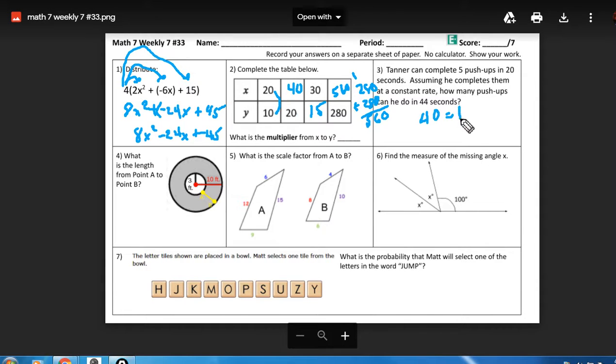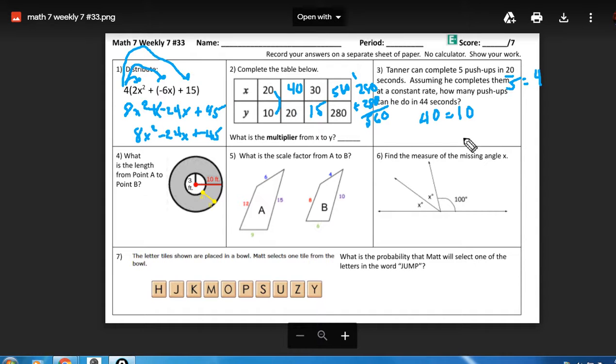So he'd do 10 push-ups. And we need 4 more seconds. So understanding that we're going to have a rate of, let's see, divided by 5, because we're using the 5 here, which is 4.